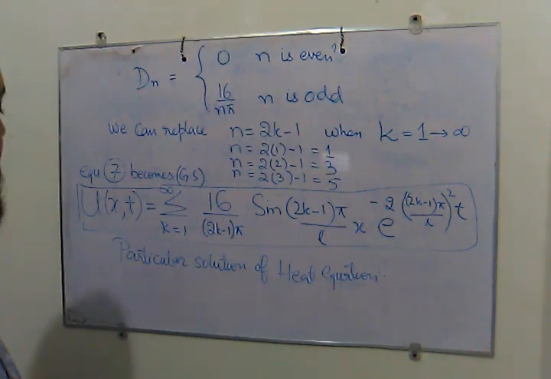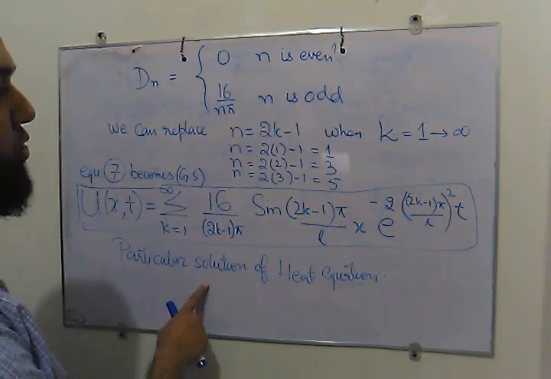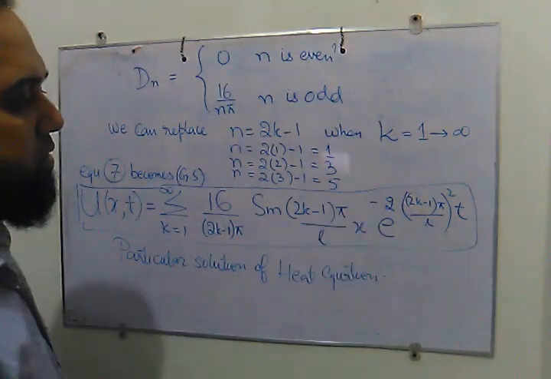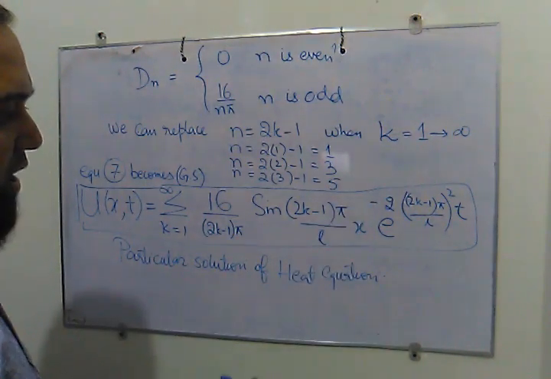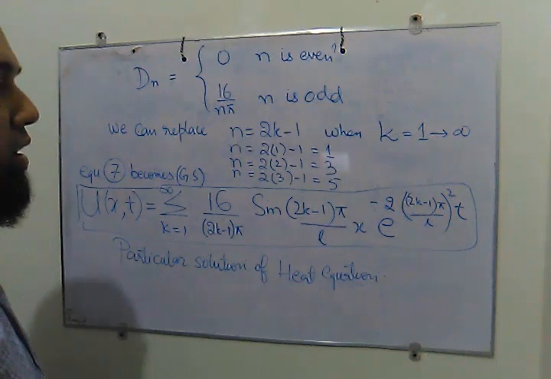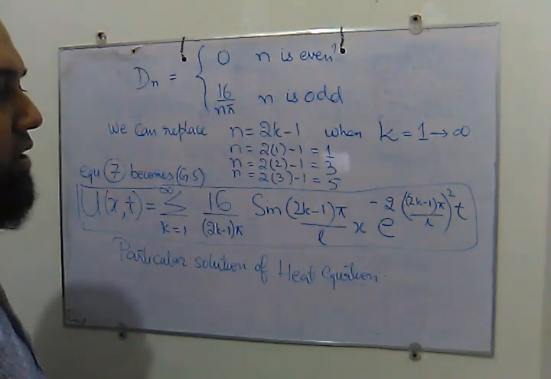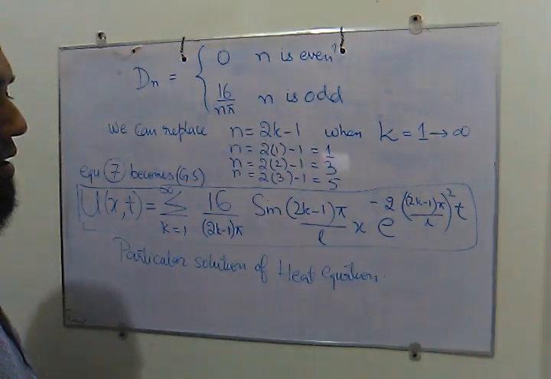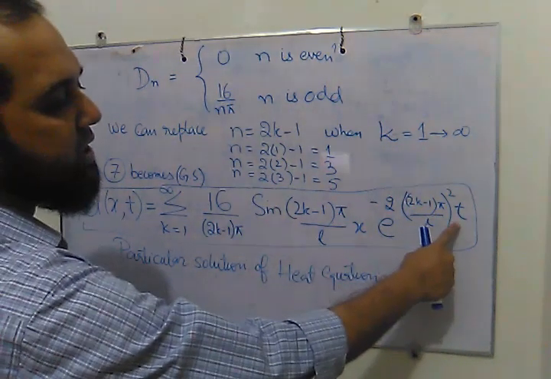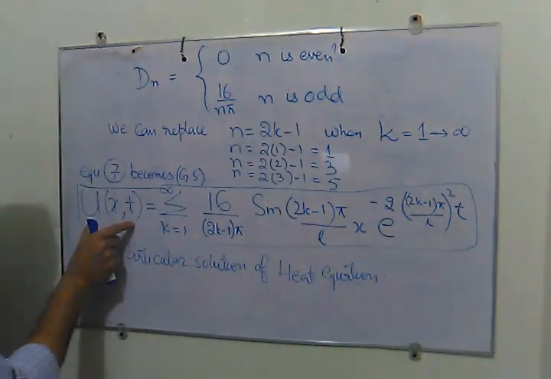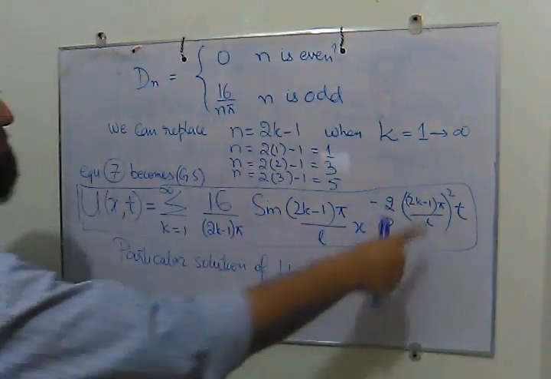So now you see that the general solution has an exponential value which is negative, so if the ends of the bar are kept constant at 0 degrees centigrade, no matter whatever the initial temperature of the bar, eventually when t approaches infinity, the temperature of the bar would become 0.